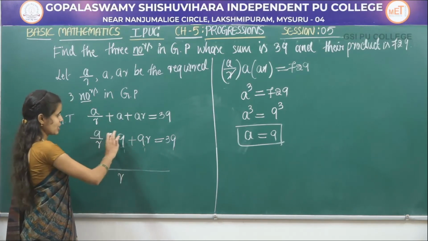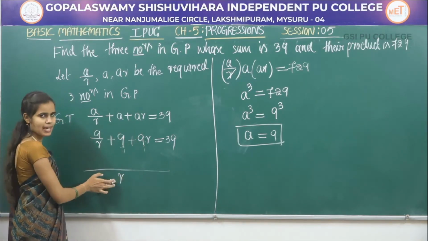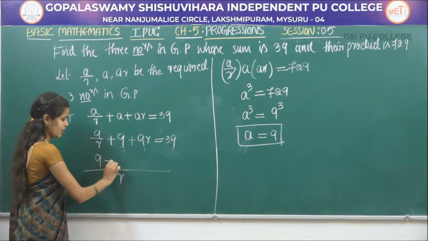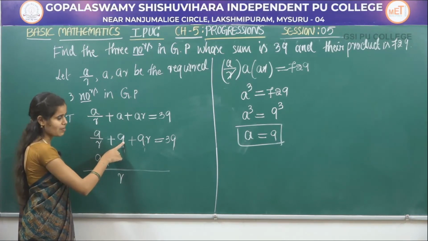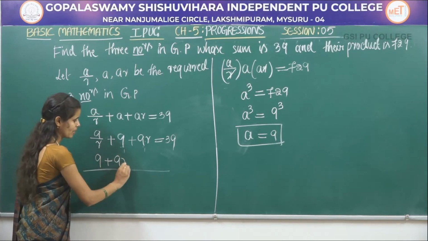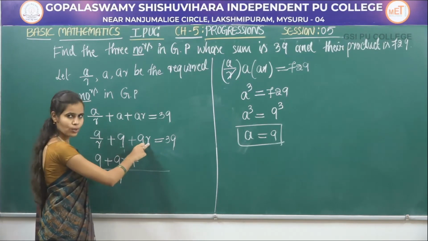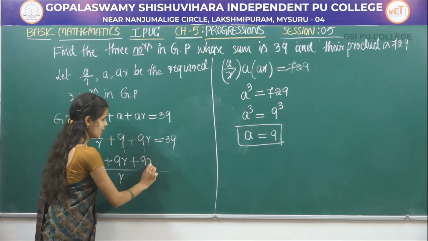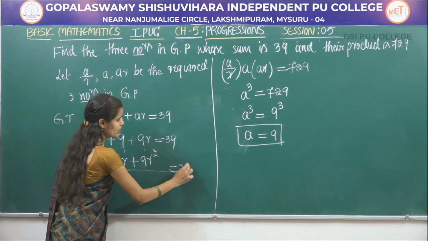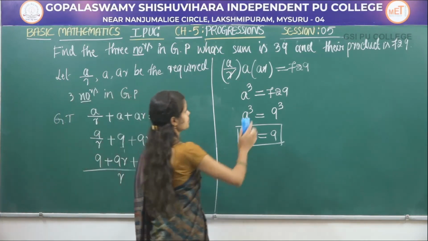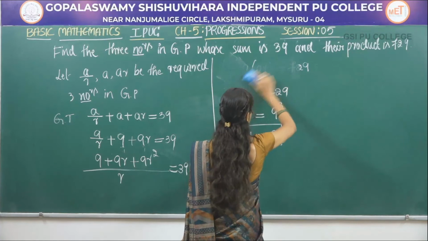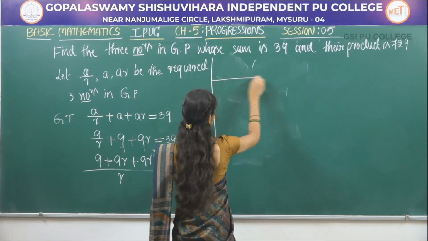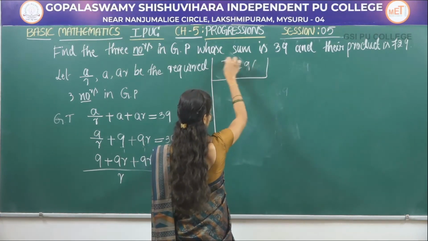Next multiply each term by the LCM, which is r. 9 by r into r gets cancelled, leaving 9. Then 9 plus 9 into r is 9r, and 9r into r is 9r square, equal to 39 into r. Here a is equal to 9.